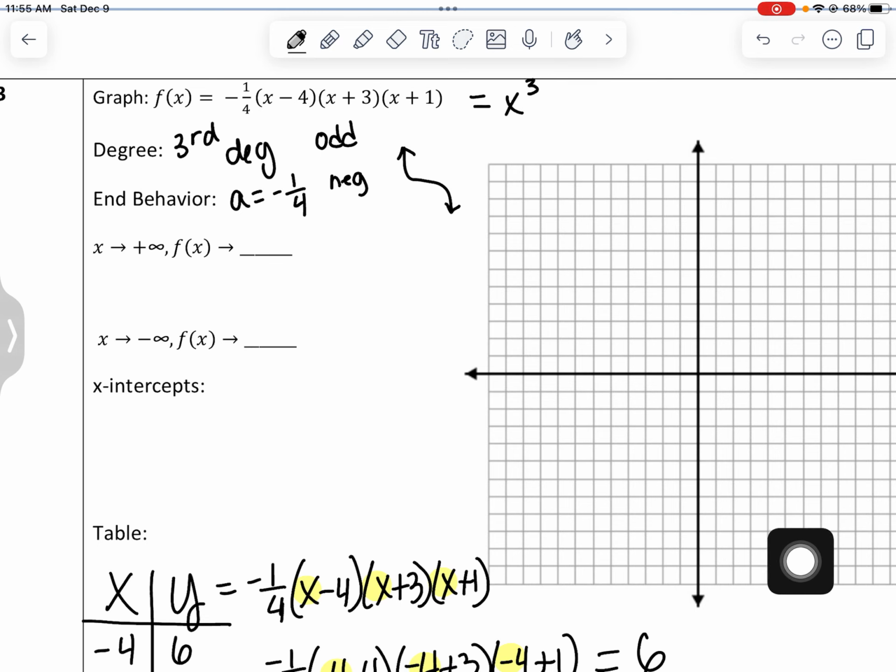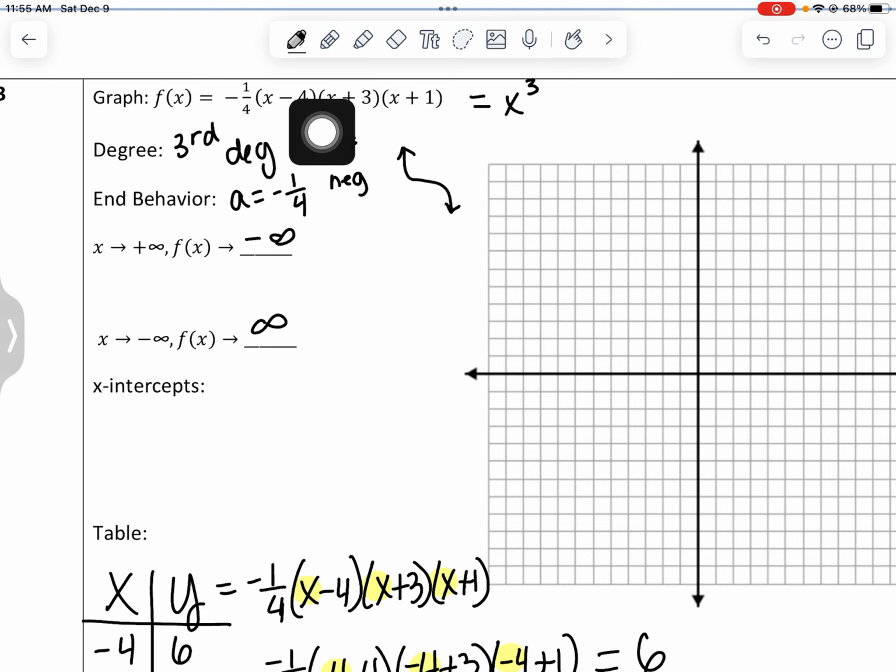The function is going to start really high and then decrease as you move from left to right. So on the right side, you're going to negative infinity, and on the left, you're going to be starting up here. So that's what our end behavior is going to look like there.